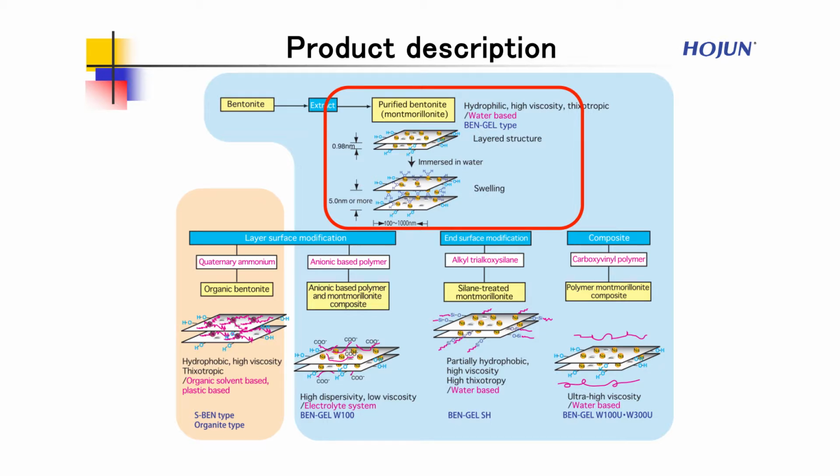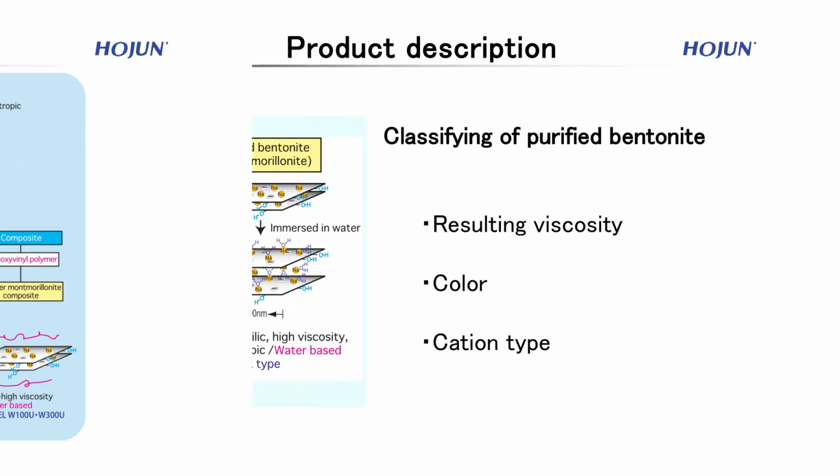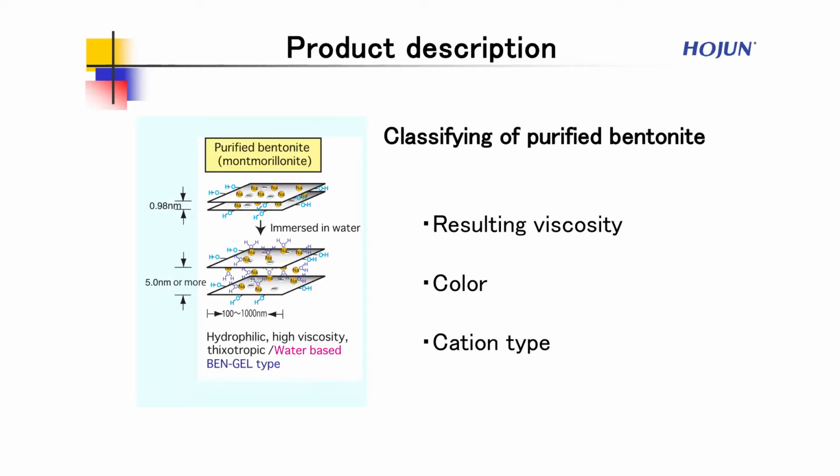We manufacture and sell purified bentonite by extracting montmorillonite as the main component from bentonite extracted from mines. Purified bentonite is classified by its resulting viscosity, color, and cation type.